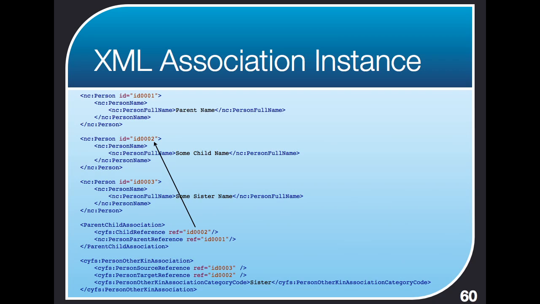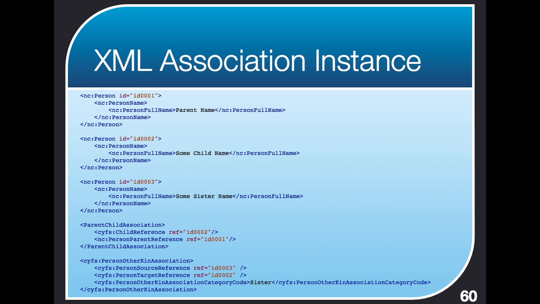And then there's a second reference, the person-parent reference, with an ID of 0001, which points all the way up to that person object that's representing the parent. Following that, we have another association, the person-other kin association, and it has a person source reference, so basically the person who is being related to somebody else.